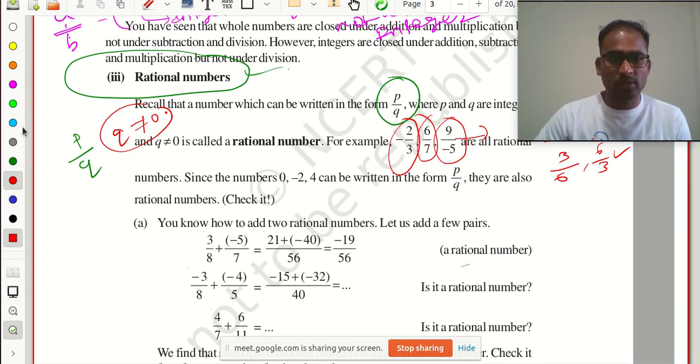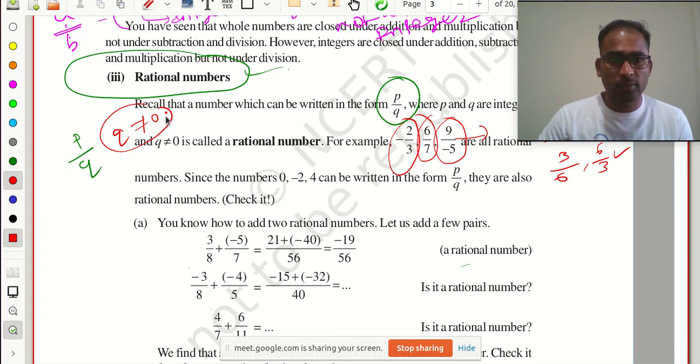Till now we discussed integers and whole numbers, this closure property in addition, subtraction, multiplication and division. Now we need to make it clear on rational numbers also.